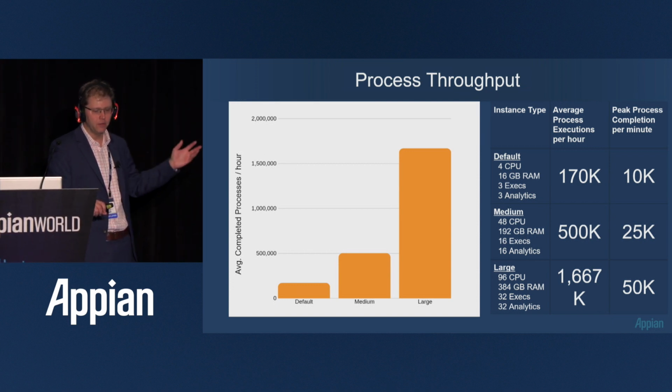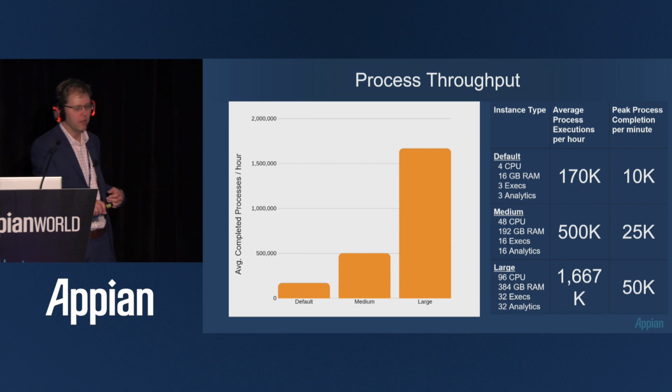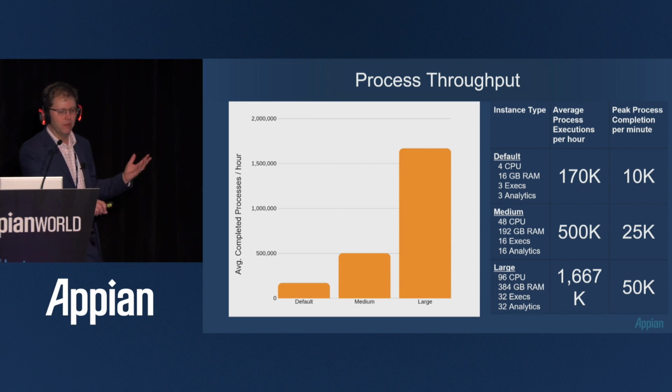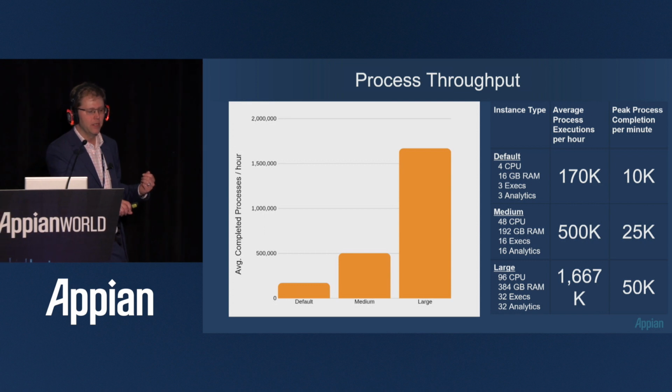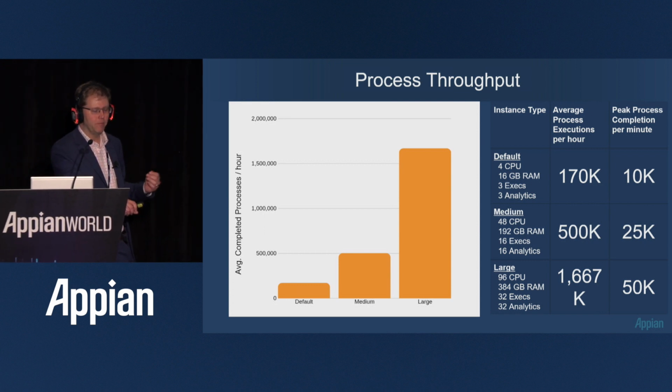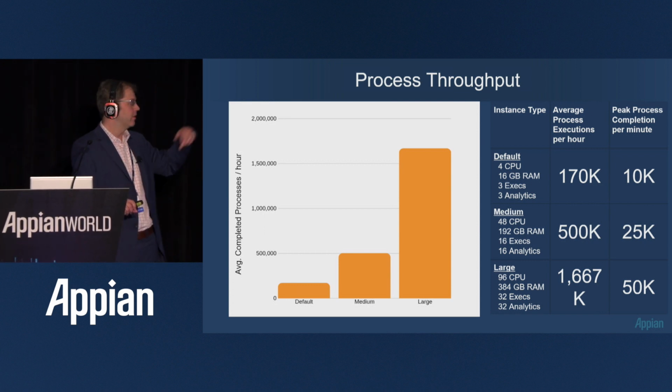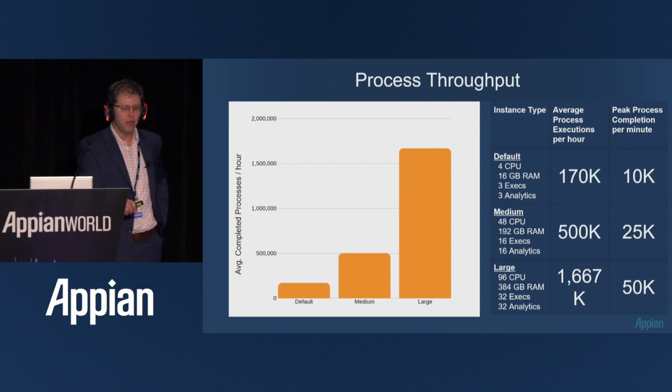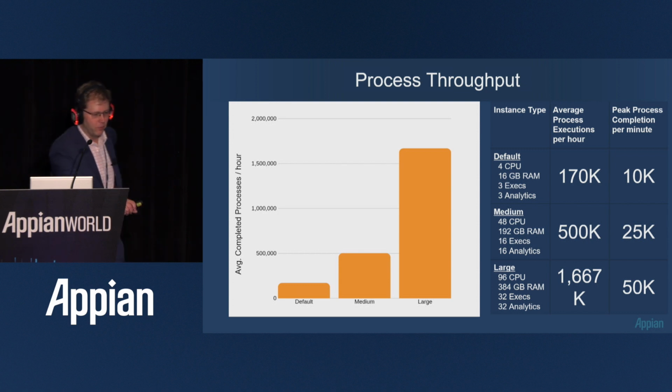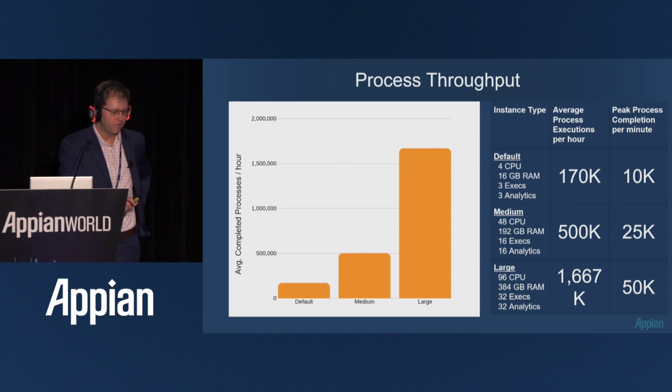You can see the default with 4 CPUs, 16 gig box, the standard 3 Exec and 3 analytics, averaged out at about 170,000, and then on the large end, a big 96 CPU box with 384 gigs of RAM, 32 Execs and 32 analytics, we were able to get roughly 1.7 million.